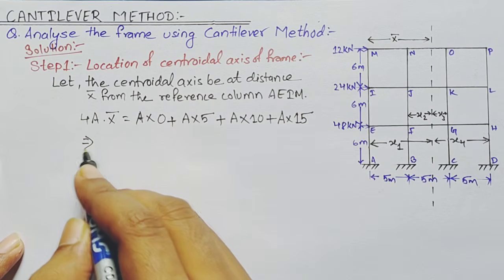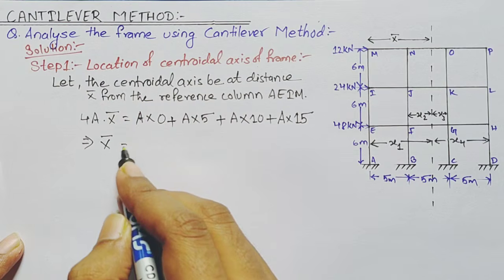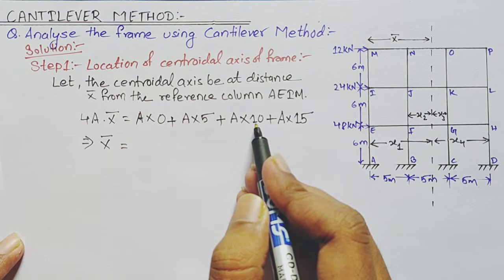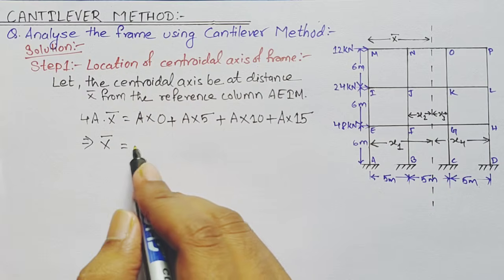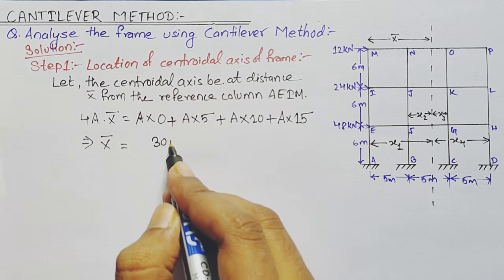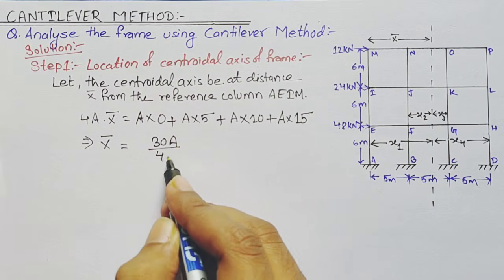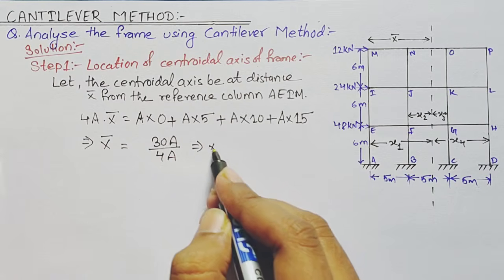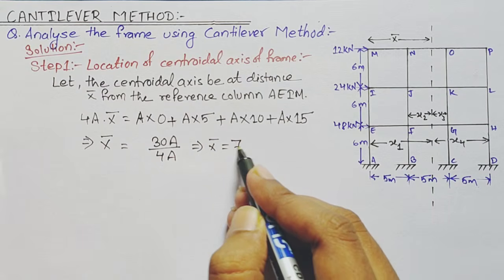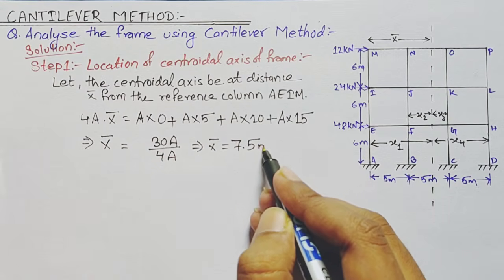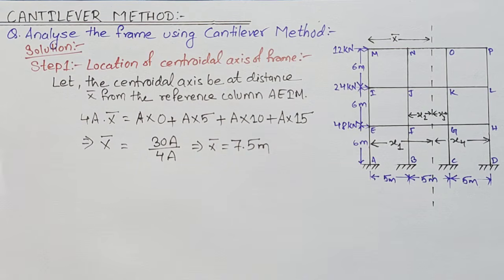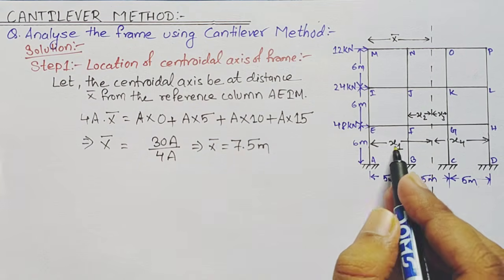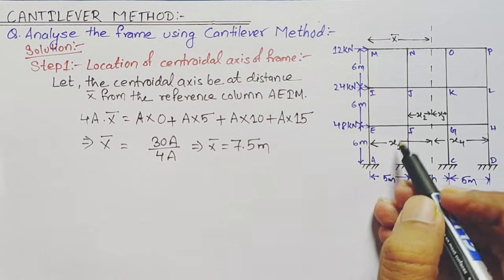So from here we can find the value of x bar equals 15 plus 10 plus 5, means 30A divided by 4A. From here we will get x bar equals 7.5 meters.